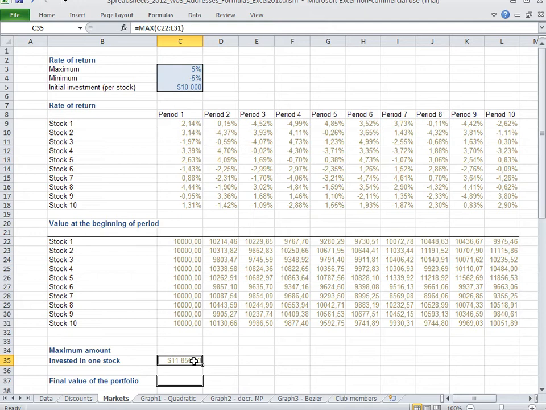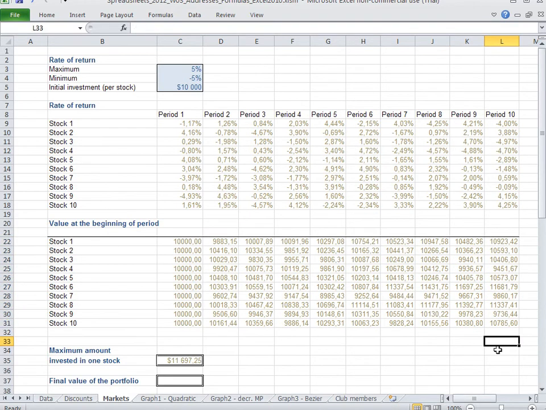Okay, 11,800. Sorry, this is also in the last column, that's why I didn't see it.